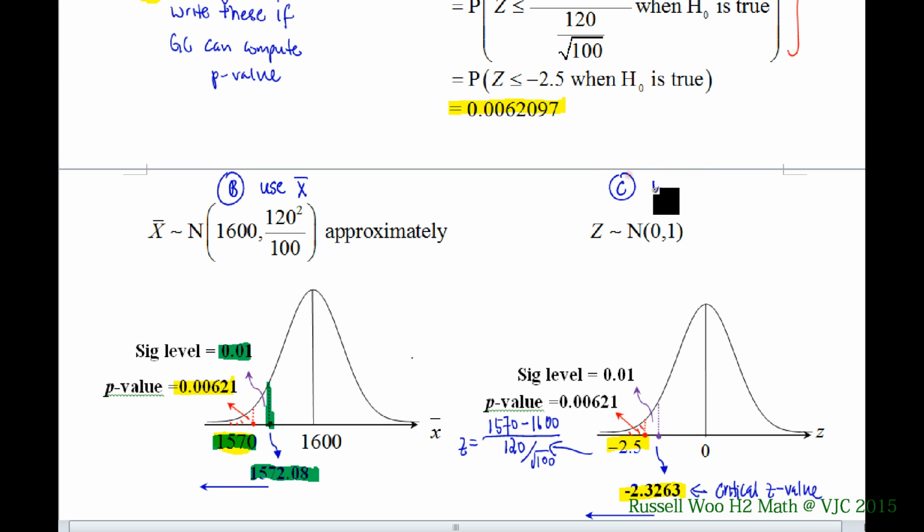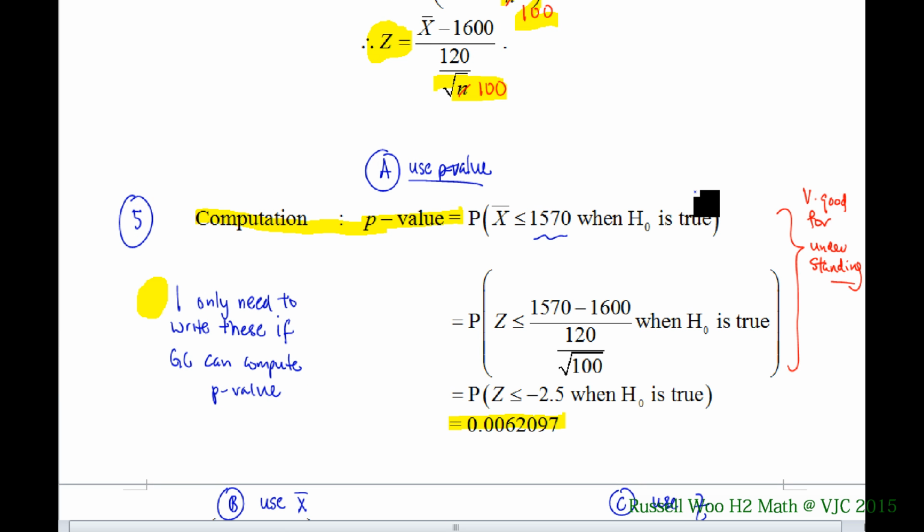C, you use Z. Don't use all three. I put in all three for lecture notes. In the exam, this question is very easy. If you can use the p-value, just use the p-value, highlighted bit, done, finished. Don't write a long story. Follow? So we do decision making.